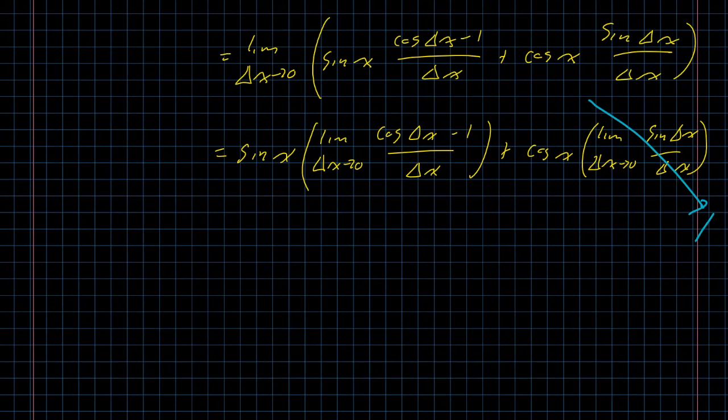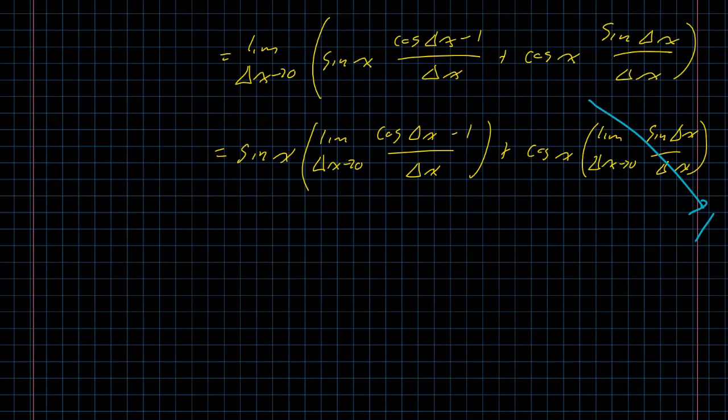That second limit is the one that we just proved. That's equal to 1. The first limit we haven't looked at directly, but we can get there using the tools that we were just developing with that first limit.